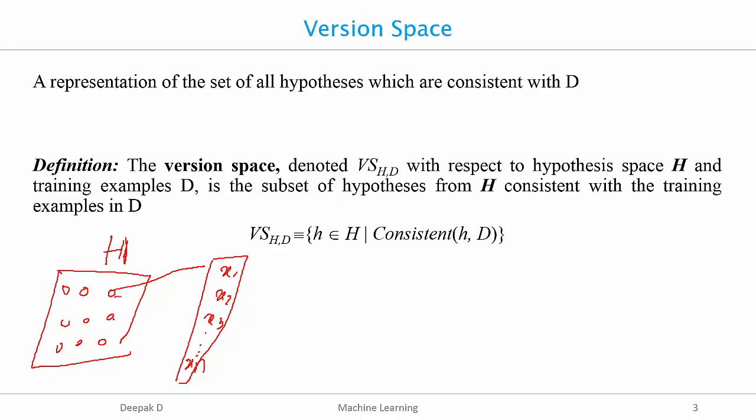So every hypothesis is consistent with the instances. What do you mean by version space?